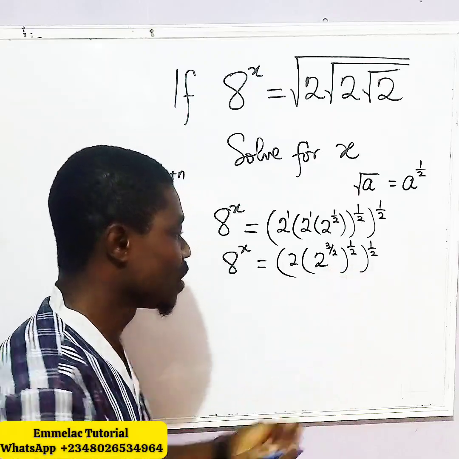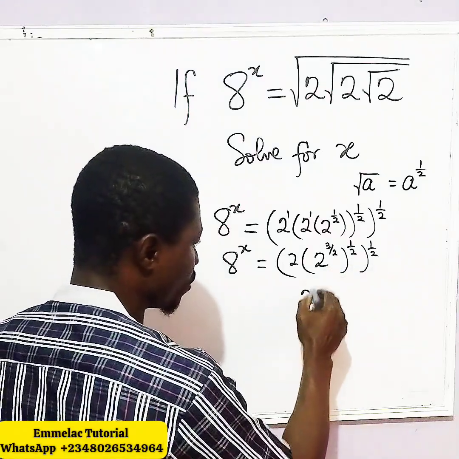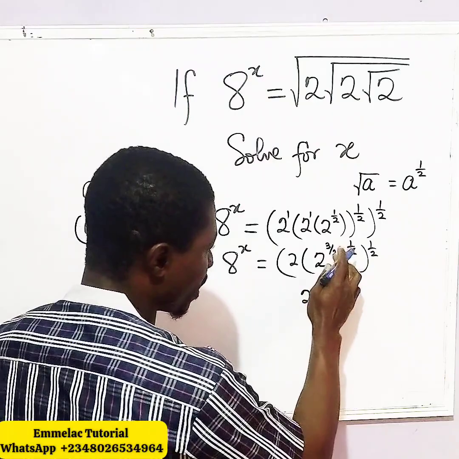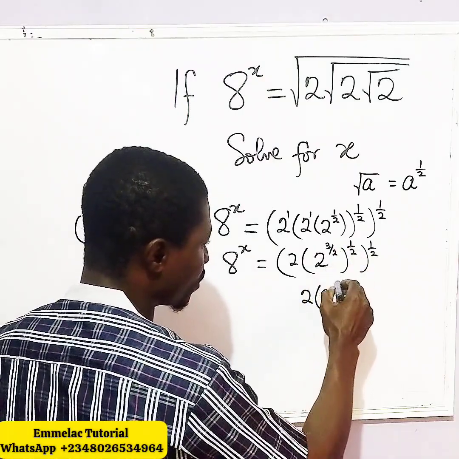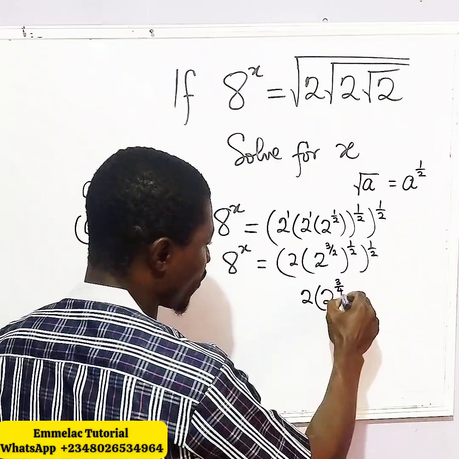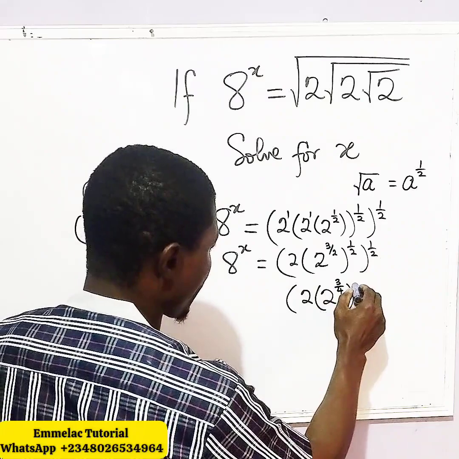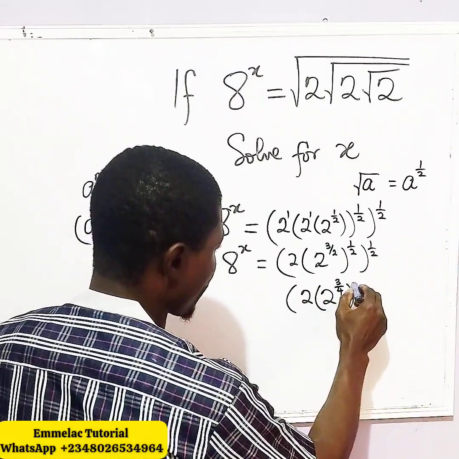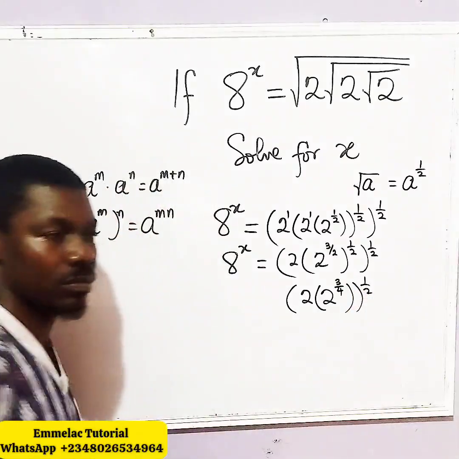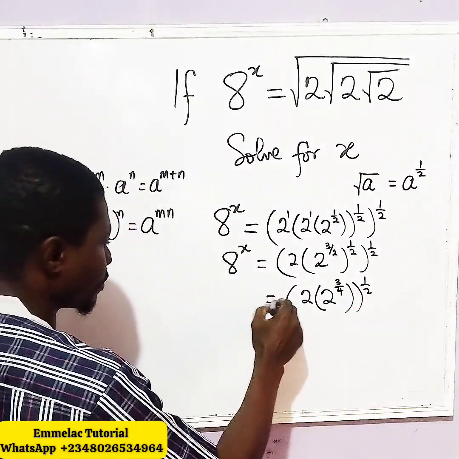By multiplying, we have 2 raised to 3 over 4, and the 1 over 2.